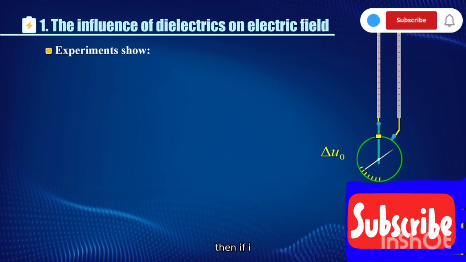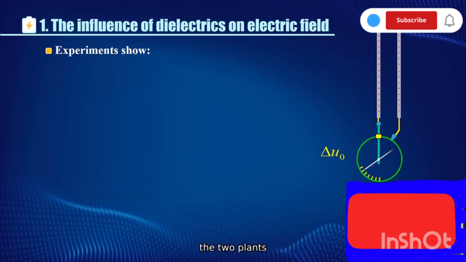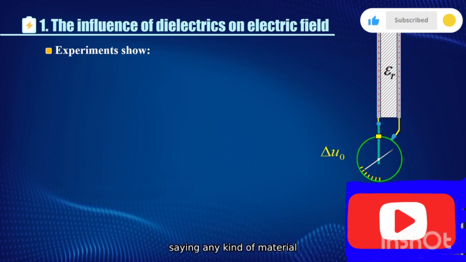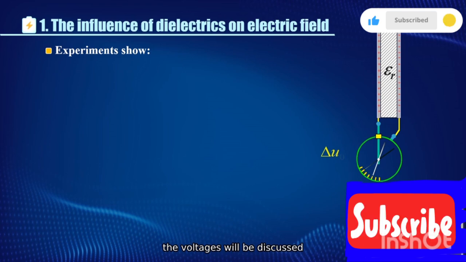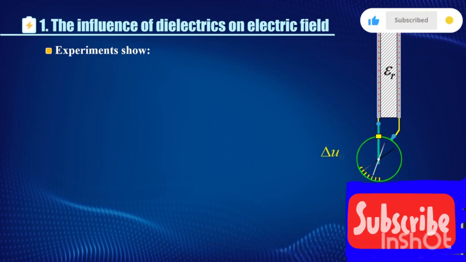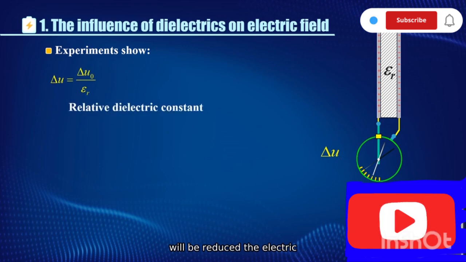Then if I fill in some material in between the two planes, any kind of material, we will find that the voltage will decrease. That means such material will reduce the electric field.